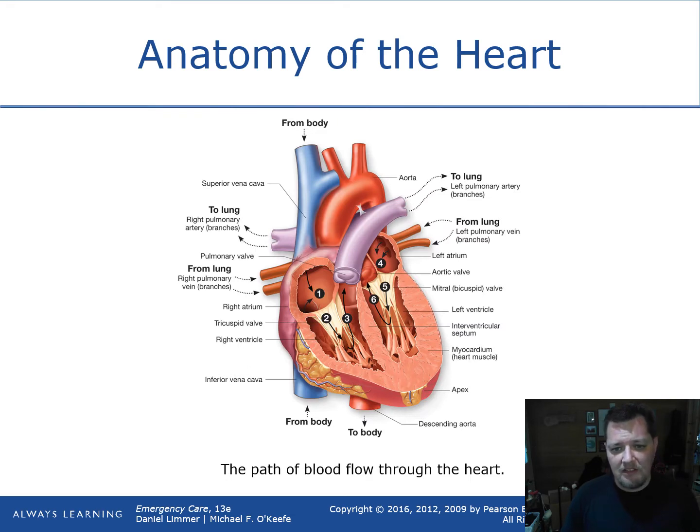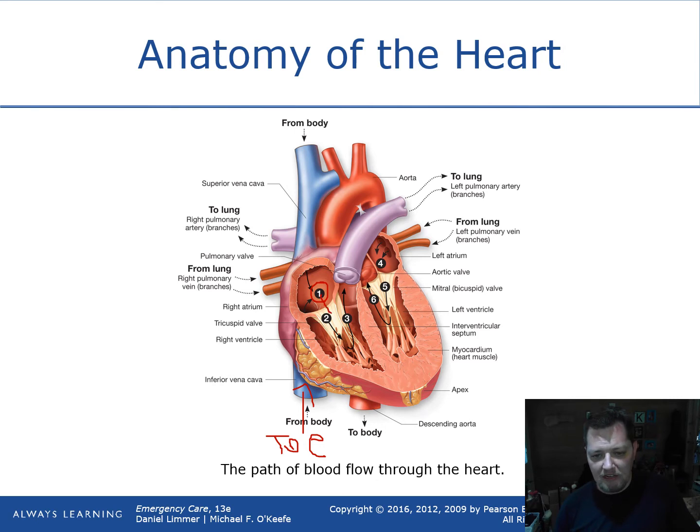Okay, so let's say that we're coming back from the big toe. We come up from the body right here, so toe. That blood that got exchanged for carbon dioxide comes up to the inferior vena cava, and it goes into the right atrium right here. This is where it starts its journey into the heart.